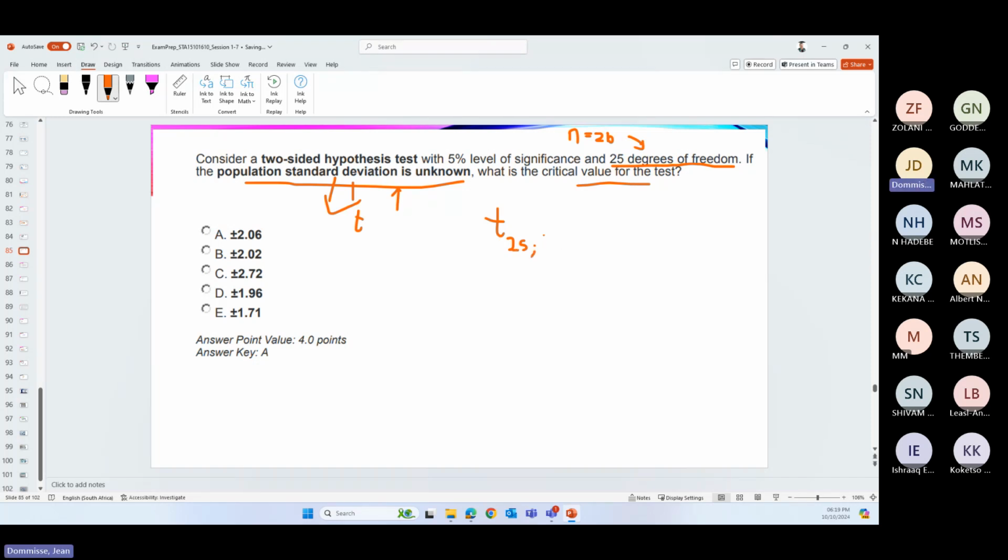two-sided hypothesis, so 0,05, two-sided, so we still need to divide by 2. So we're actually working with a T of 25 and 0,05 divided by 2. Right, I just need to check my calculator for this one.